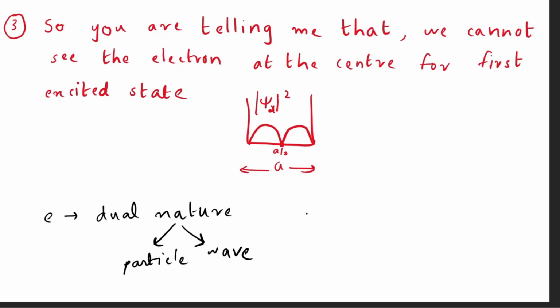So yes, the probability to find the electron at a by 2 is 0, which means you cannot see it there. You should stand by that point. You should say it firmly when you're asked such questions.